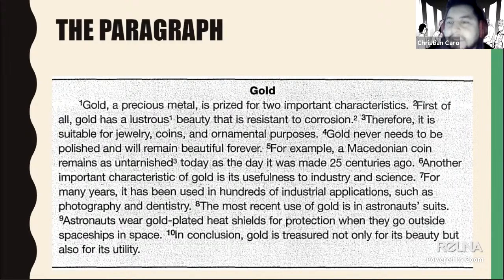So it's a whole unit in itself, right? It has pretty much an introduction, a body, and a conclusion. So it's a representation of the whole essay, but in a smaller version. You see, it's like a smaller repetition of an essay.